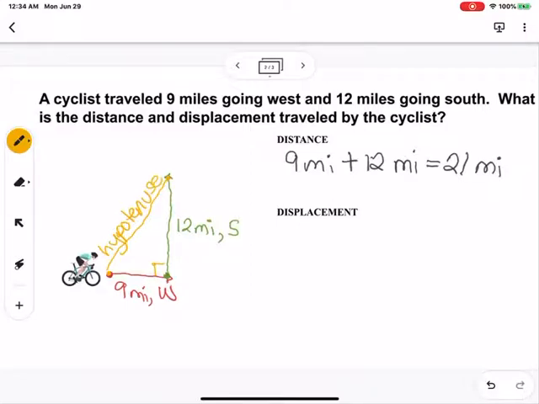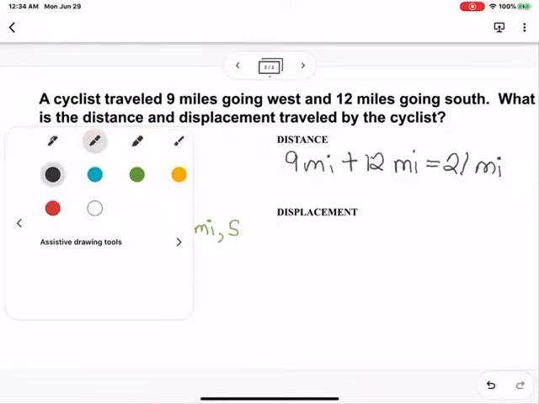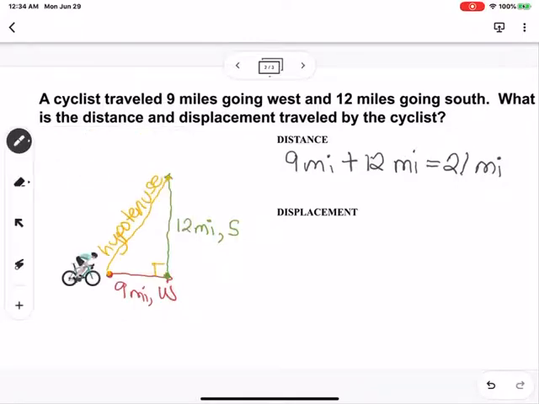So remember hypotenuse, we use the Pythagorean theorem. So to find our displacement, we're gonna use the Pythagorean theorem. So remember, c squared is equal to a squared plus b squared. So in this case, your a squared is your 9 miles.